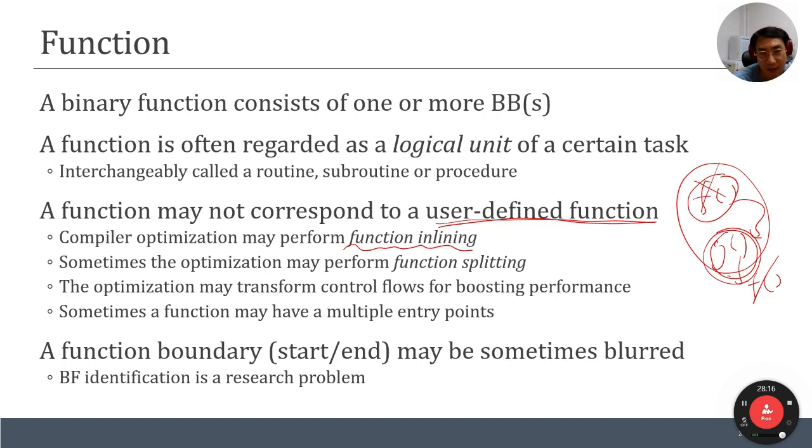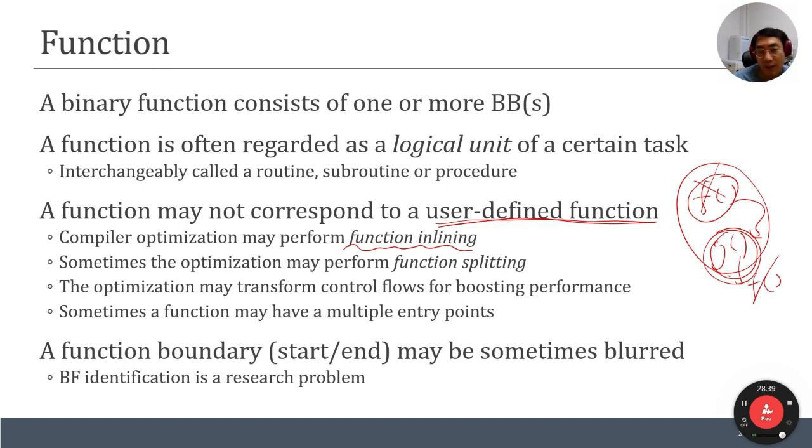Why is this happening as an optimization? Because when you invoke a function, it has quite a large overhead, like a function prologue or function epilogue. There is a series of processes to invoke a function.